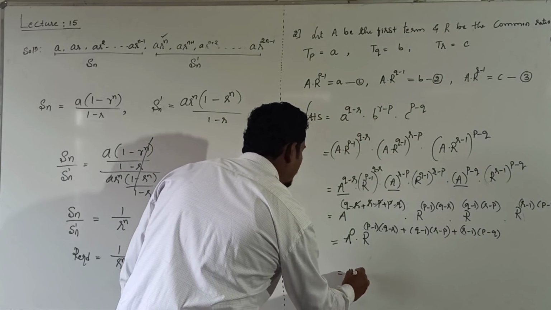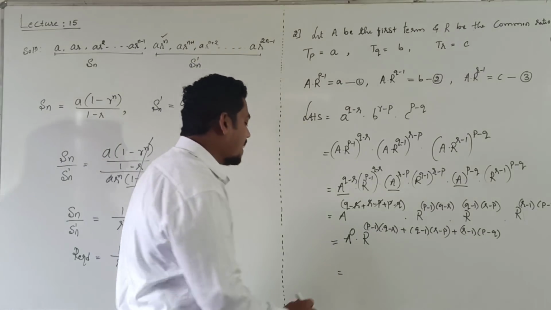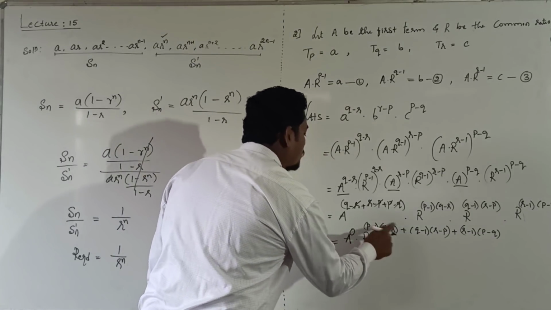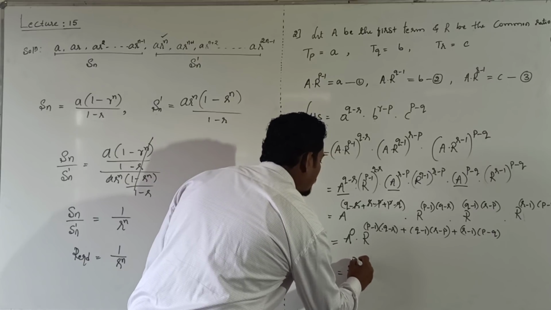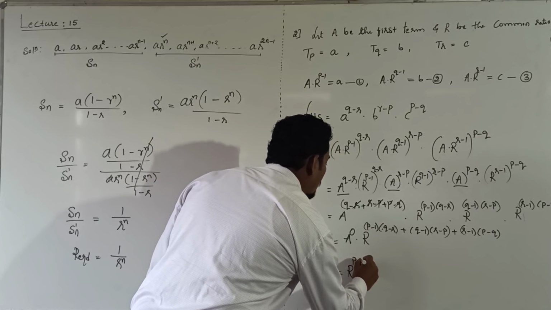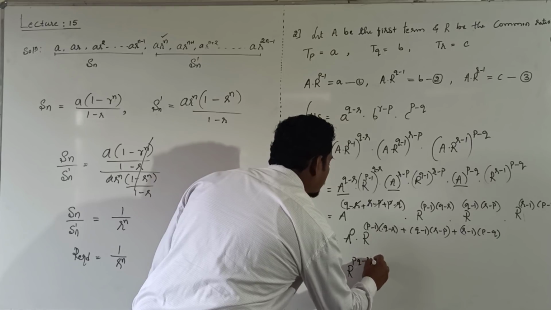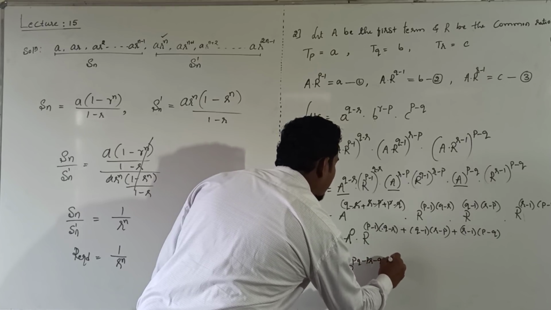A power 0 value is 1. Then R power, usual multiplication, it will be pq minus pr minus q plus r.